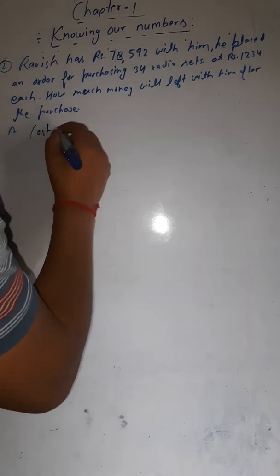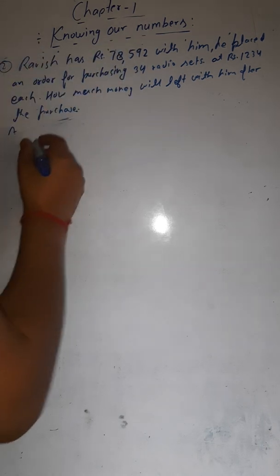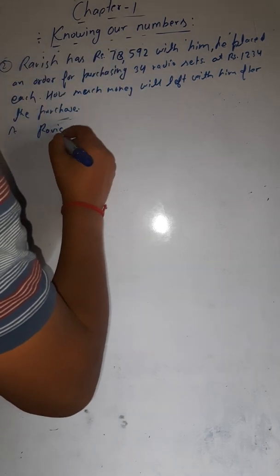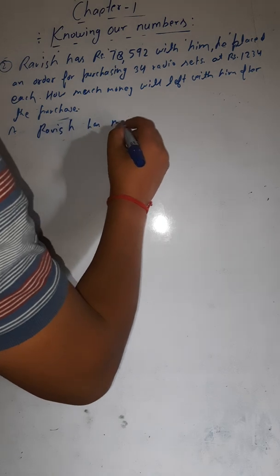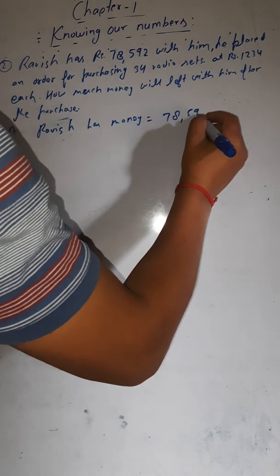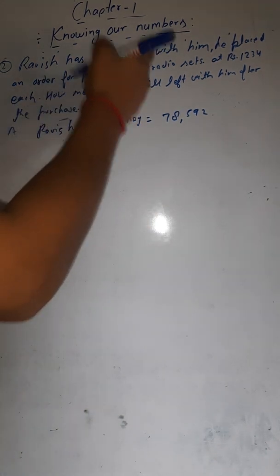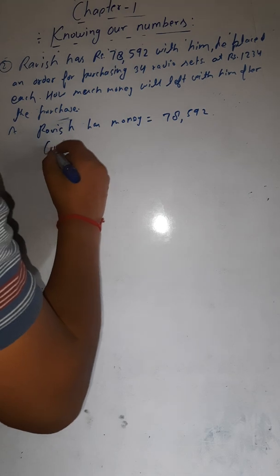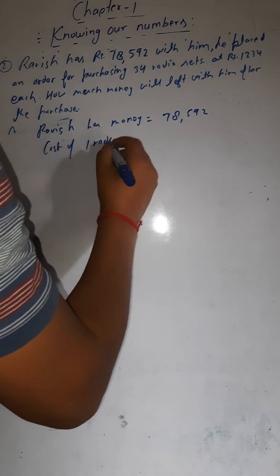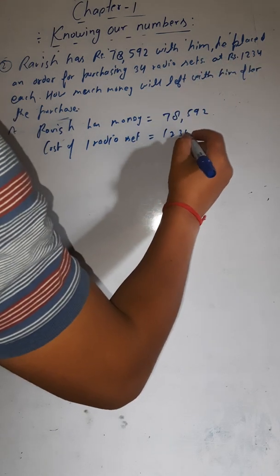First you write, Ravi has money equals how much? 78,592. Cost of one radio set is how much? 1,234.